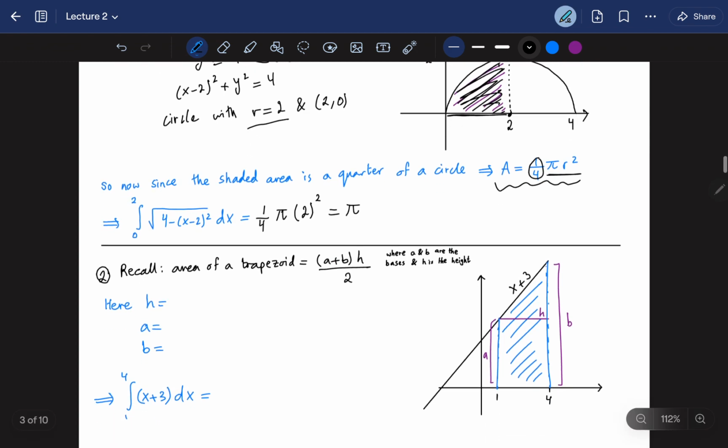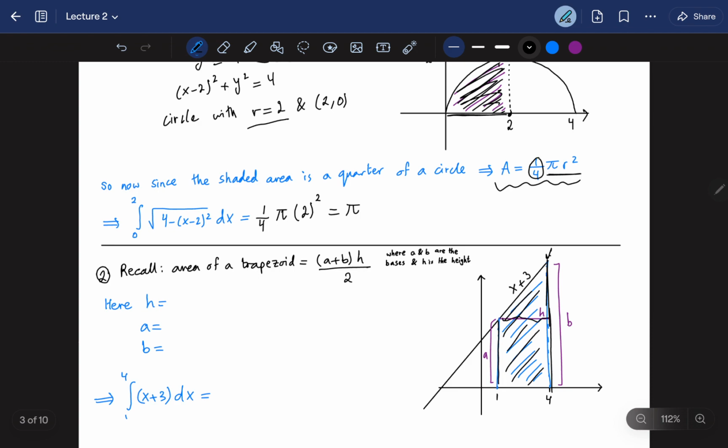So once you graph x plus 3, you're going to get this line in black. And we're integrating from 1 to 4. So this is the only part that I care about, just from 1 to 4. And if you can see, this is my a, this is my b, and this is your height.